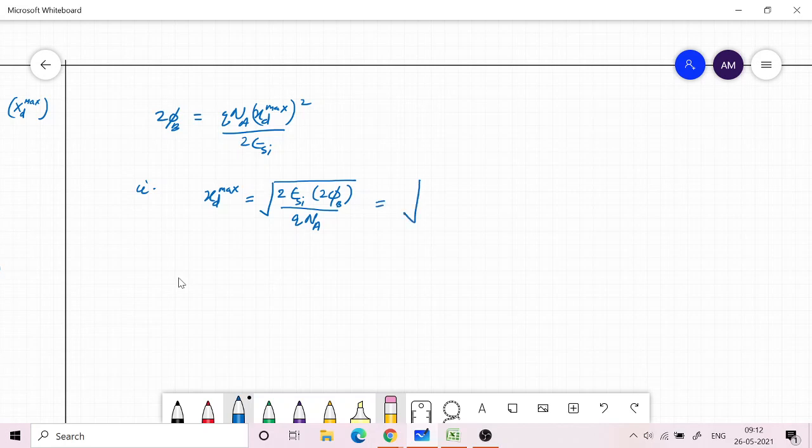So this is equal to 2 into, now what is epsilon of silicon? Epsilon R of silicon is given as 11.9, so epsilon silicon is basically epsilon R of silicon into epsilon 0. Now what is epsilon 0?